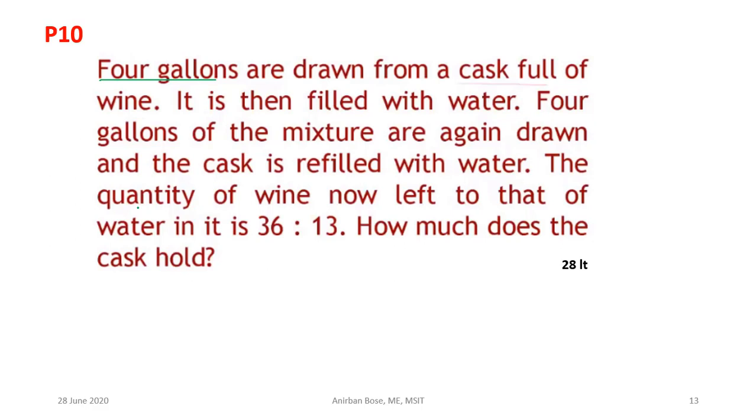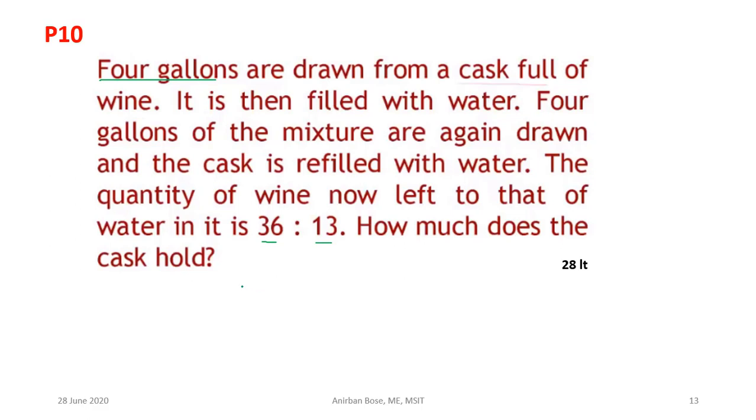So the quantity of wine now left to the water is 36 is to 13. So the final solution contains wine to water as 36 is to 13. Okay, so how much is remaining?